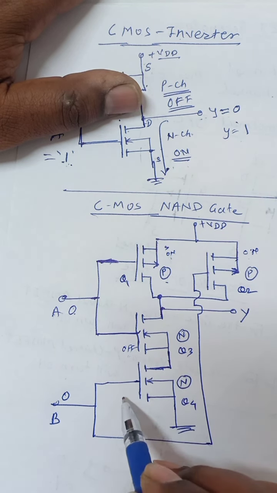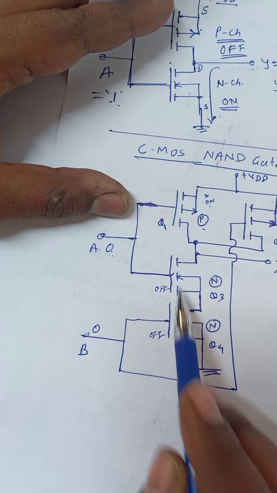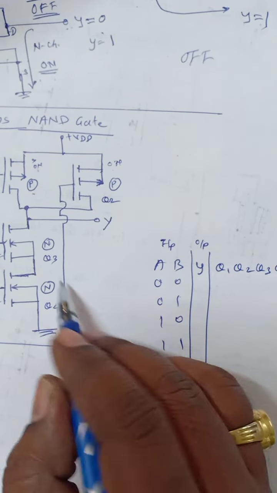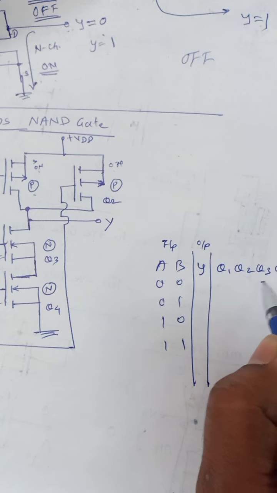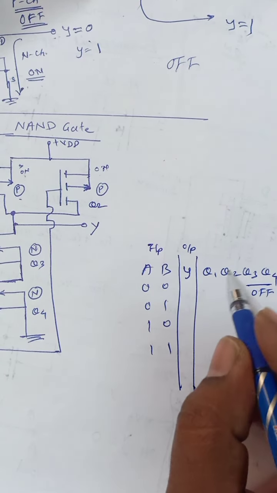We know that for positive gate voltage, the N channel will turn on, and for negative gate voltage, the P channel will turn on. Here negative means low voltage. So for low voltage the P channel will turn on, and for the N channel the low voltage will turn it off.